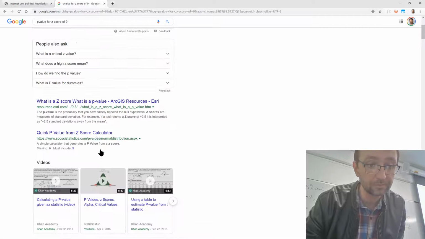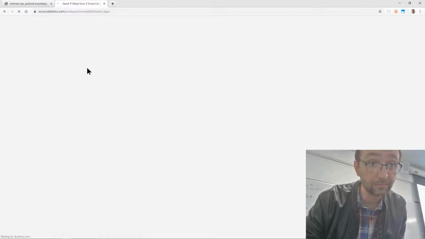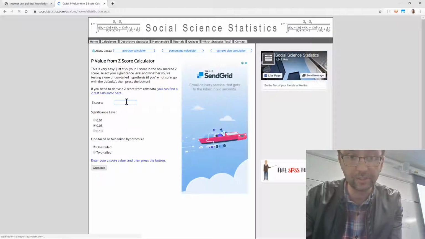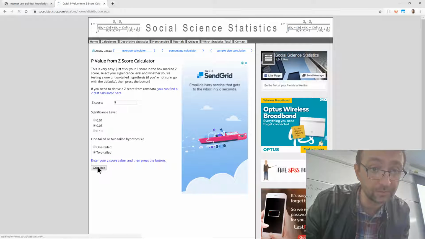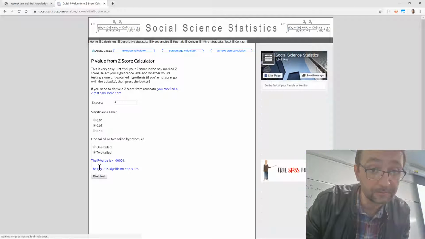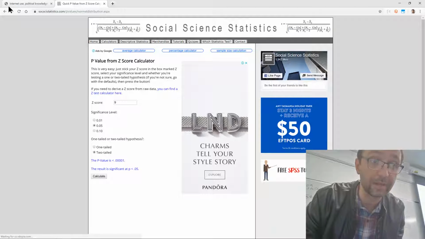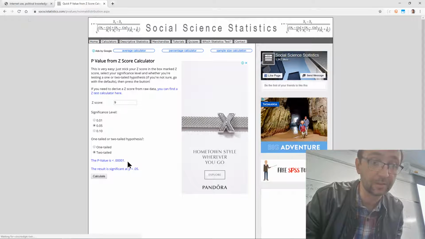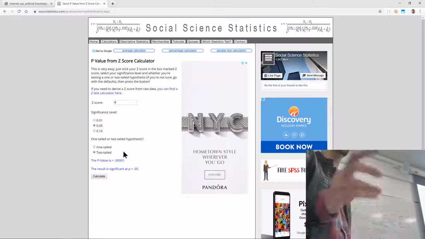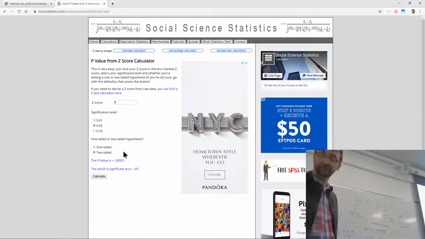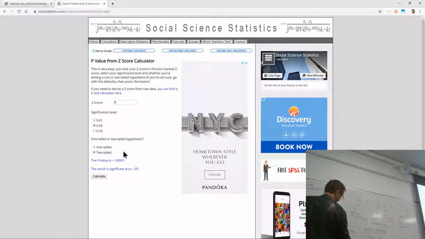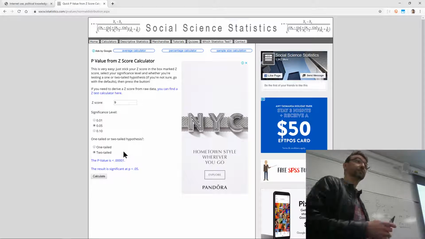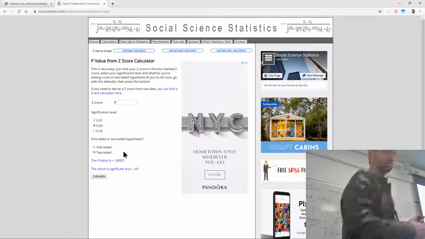Type in your Z score. I'm just going to go 9, two-tailed. It doesn't even calculate it for us. It's going to be absolutely tiny. P-value is very, very small. We could probably do it in R very easily. But it's going to be many, many zeros.